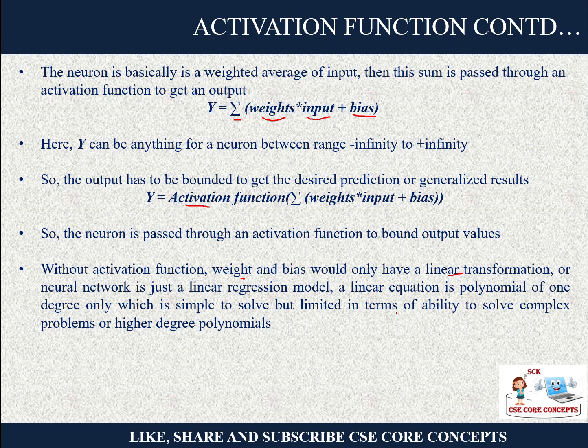If you go back to my machine learning series and see the linear regression problem there, we discussed that a polynomial of 1 degree will try to fit the curve, but it won't be as accurate as a higher degree polynomial. Same thing here, right? We do not want to restrict ourselves to a 1 degree polynomial or a linear transformation, because then we will not get the desired output.